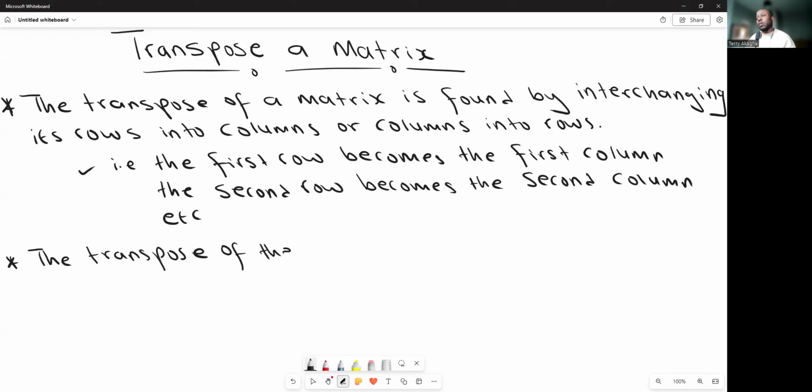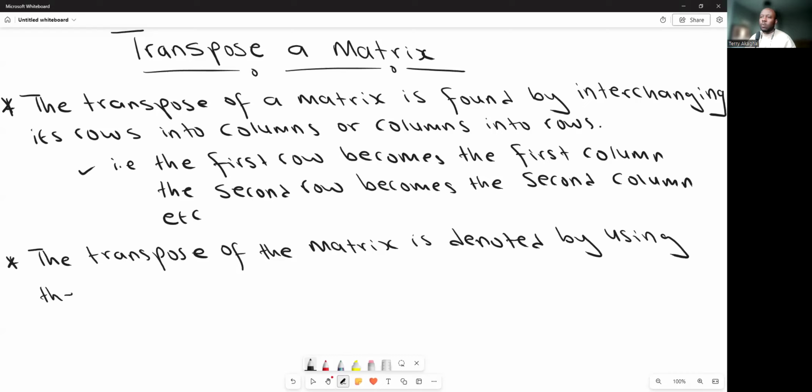The transpose of the matrix is denoted by using the letter T. Usually T stands for transpose, in the superscript of the given matrix.